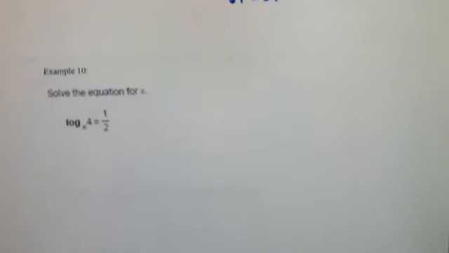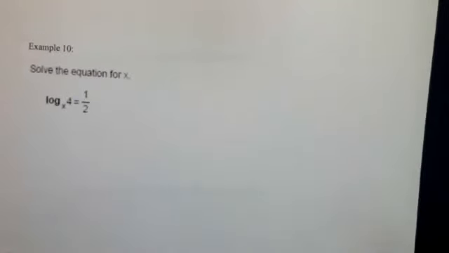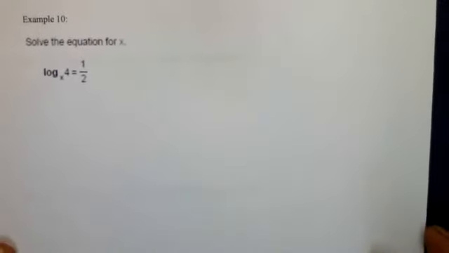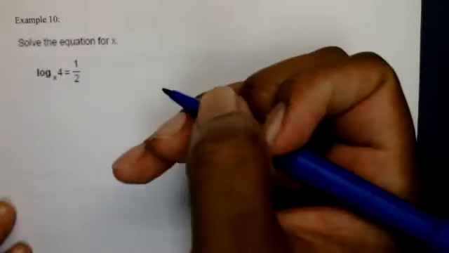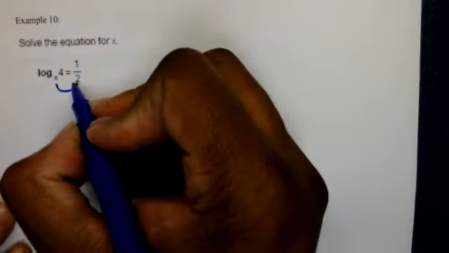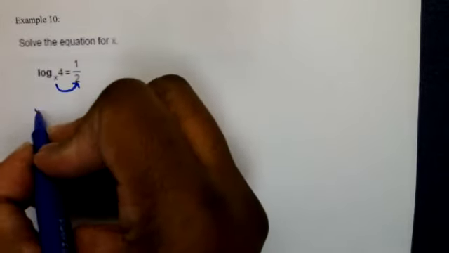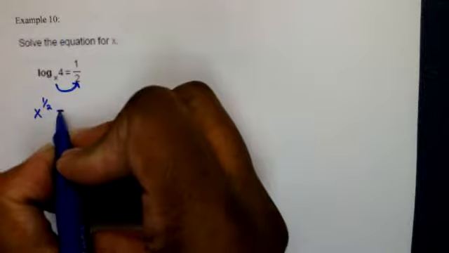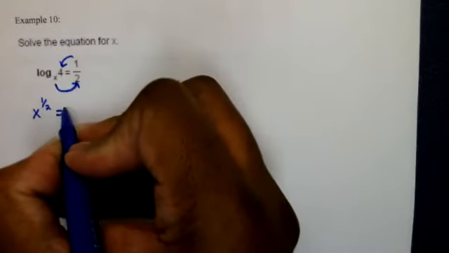Okay. This next equation, example 10, here we're going to solve the equation for x. Log to the base x of 4 is equal to a half. Well, convert that to its equivalent exponential form. Your x is going to be the base. That 1/2 will be the exponent for x. So x to the 1/2 equals 4.